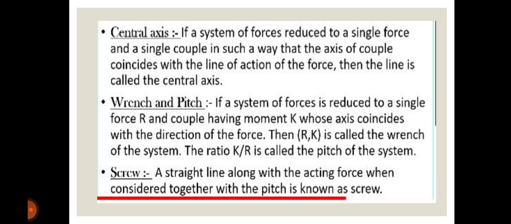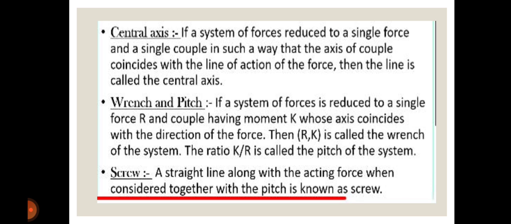So what is central axis? If a system of force is reduced to a single force and single couple in such a way that the axis of the couple coincides with the line of action of the force, then the line is called the central axis. Here is wrench and pitch. What is wrench and pitch?